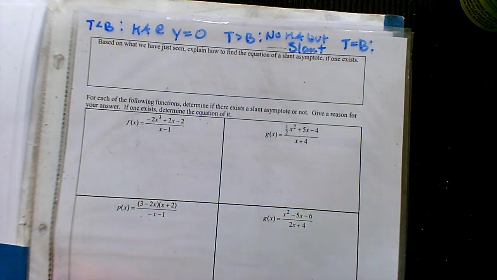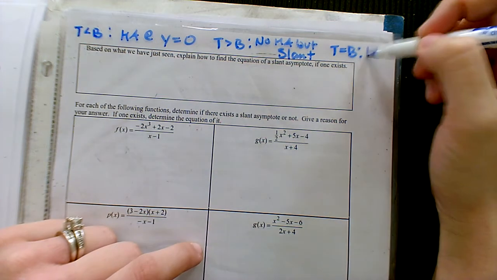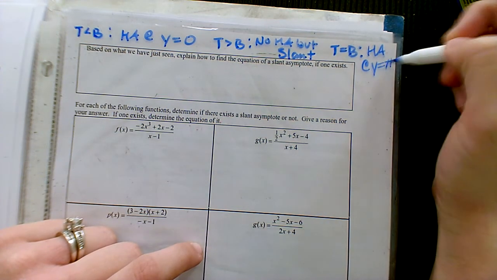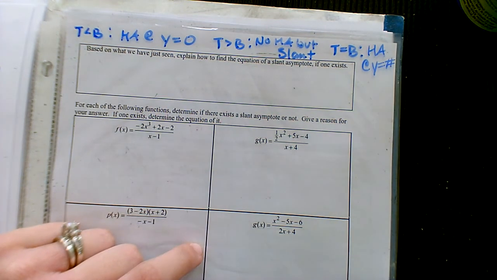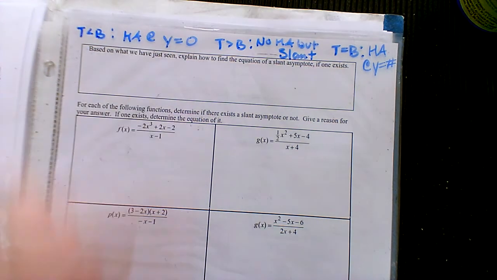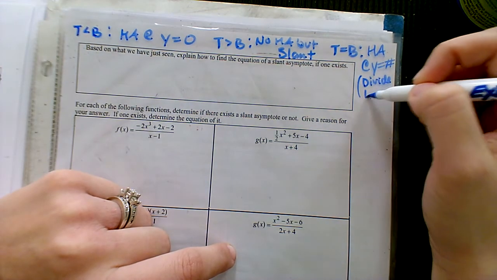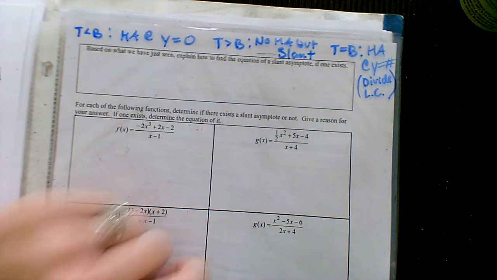Dividing coefficients. Okay, so we do have a horizontal asymptote, and it's going to end up being y equals a number, something other than 0, though. So y equals a number, and we figure out the number by dividing the leading coefficients.